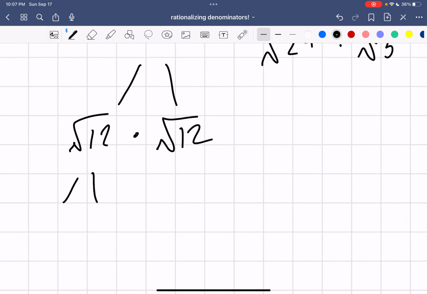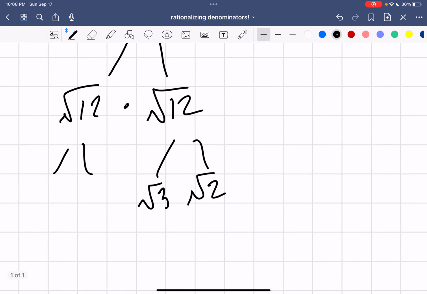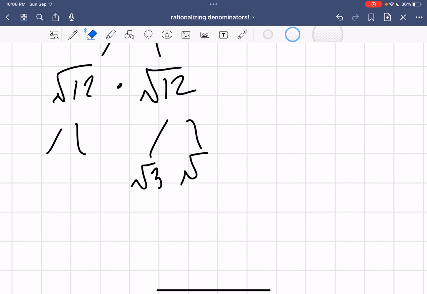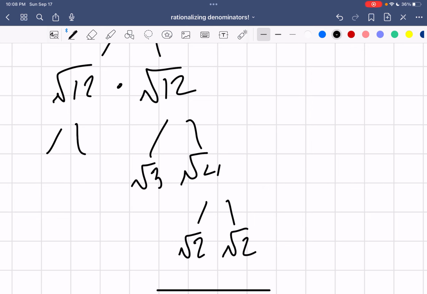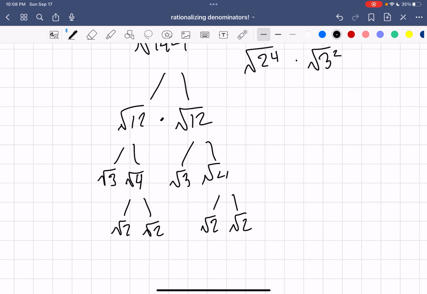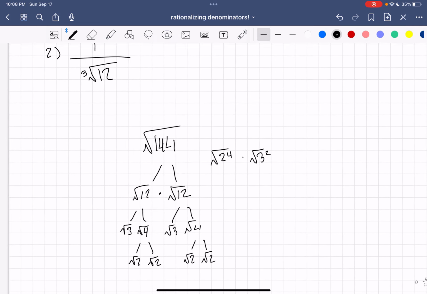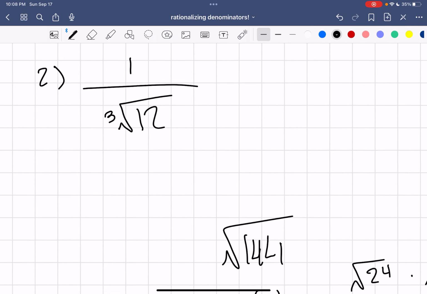And then you can do square root of 3, square root of 4, which is 2 and 2. This is the same thing. So since you can do that, now we know how to simplify this.